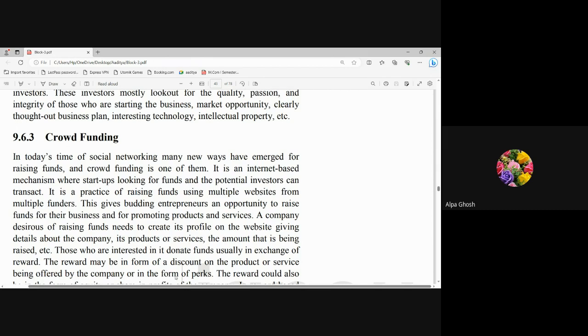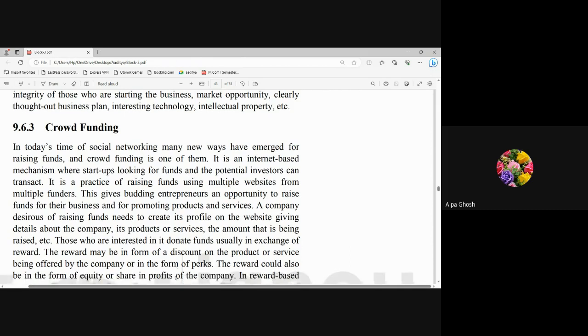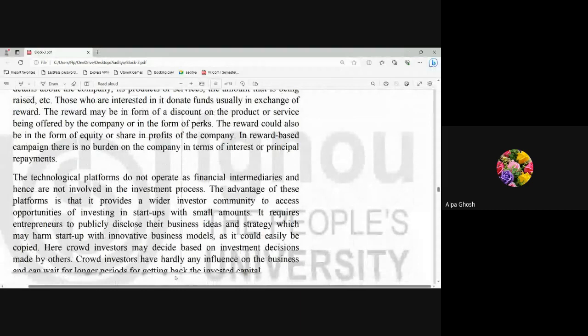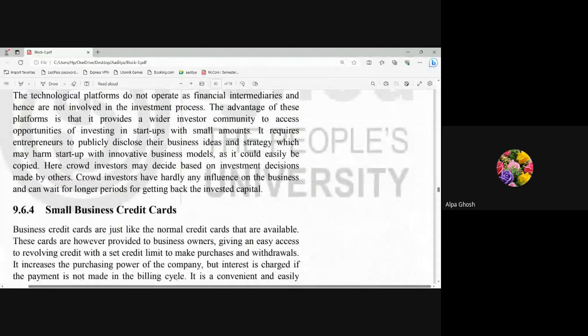It is a practice of raising funds using multiple websites from multiple funders. This gives budding entrepreneurs an opportunity to raise funds for their business and for promoting products and services. So the investors donate funds, they invest funds, and there are multiple investors for a single business.